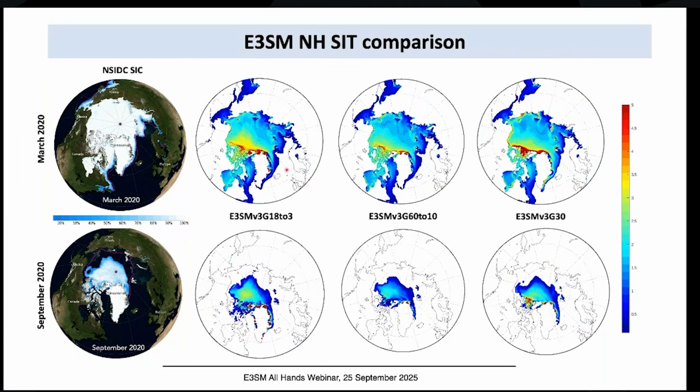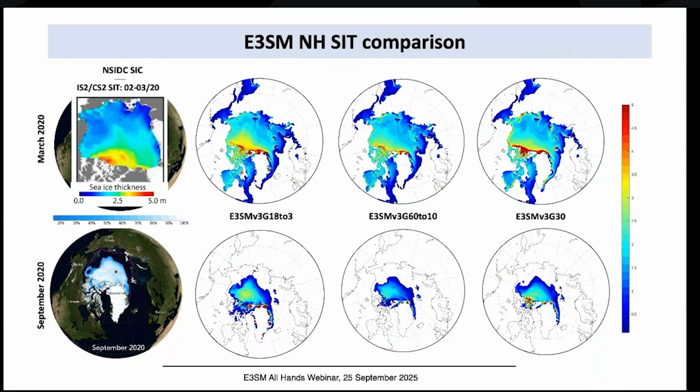And I have a comparison to ICESat-2 and CryoSat-2 sea ice thickness distribution estimates for February and March combined, 2020. So one thing you can see is that probably all the simulations for March, E3SM, AEROSI, and other simulation configurations, overestimate the amount of ice drift into the Beaufort Gyre compared to the estimates from ICESat-2 and CryoSat-2 for this particular time series.